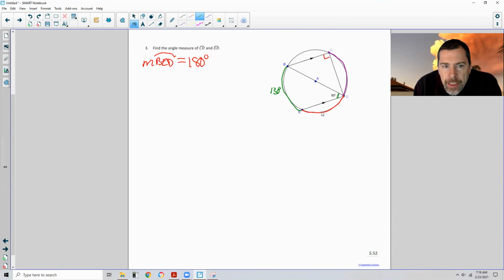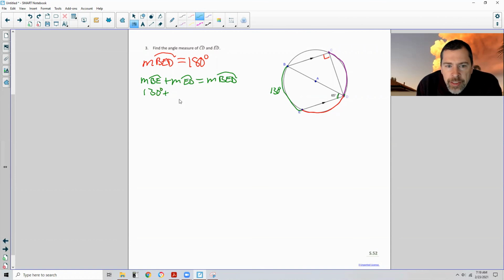Well, if BED is 180 and BE is 130, then I can say the measure of arc BE plus the measure of arc ED equals the measure of arc BED. So I write the formula, substitute in the givens. BE is now 130. Well, it's not really a given, but we learned that from prior lessons.